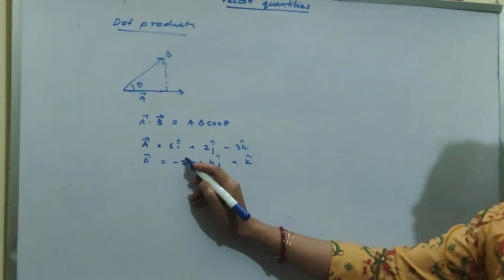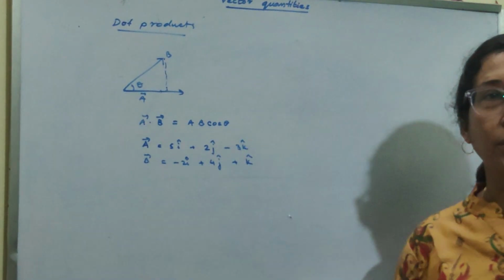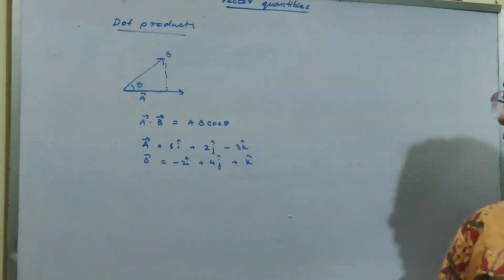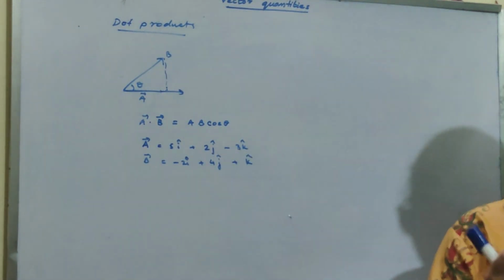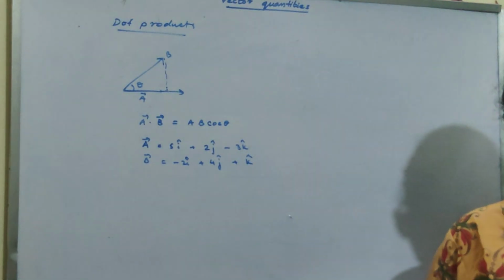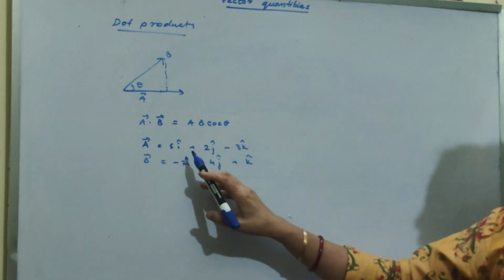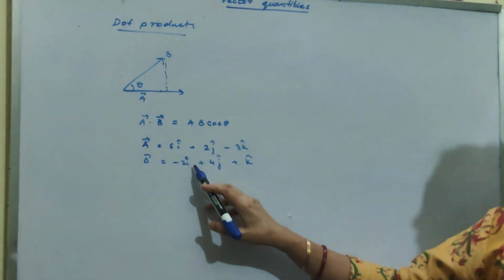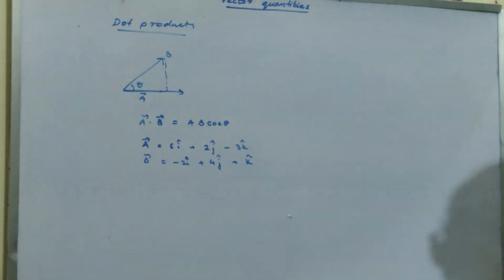You won't get any result when you multiply i with j because i is perpendicular to j. No? i is perpendicular to j means theta becomes 90 degrees and cos theta becomes 0. So when you multiply i and k, then also you will get 0. So only the like vectors will get multiplied. i dot i will give you 1, simply 1 without any direction.